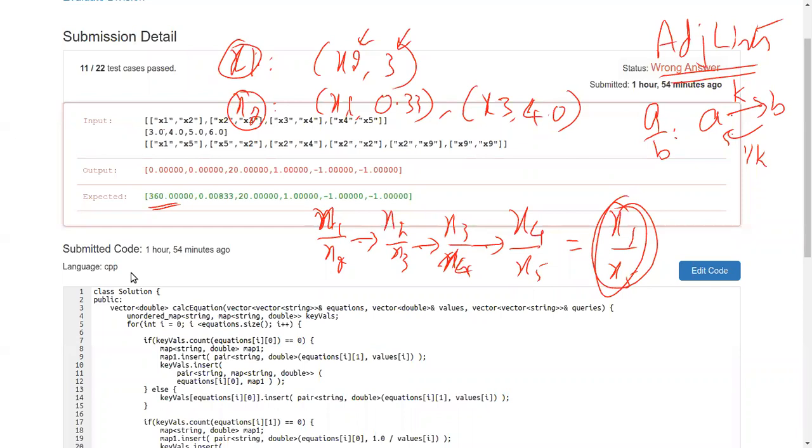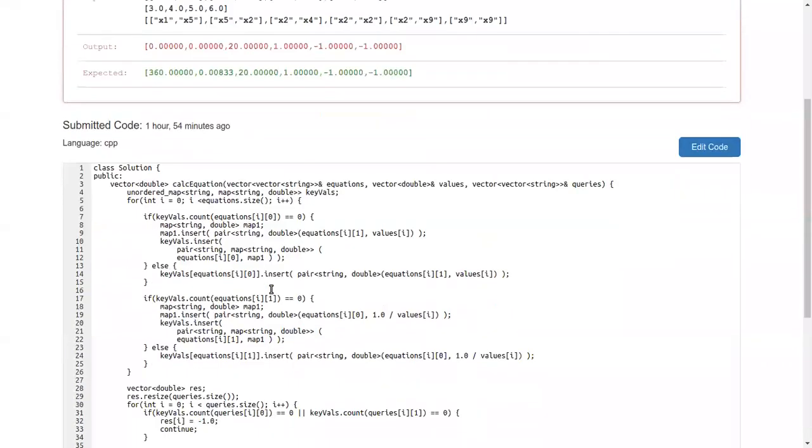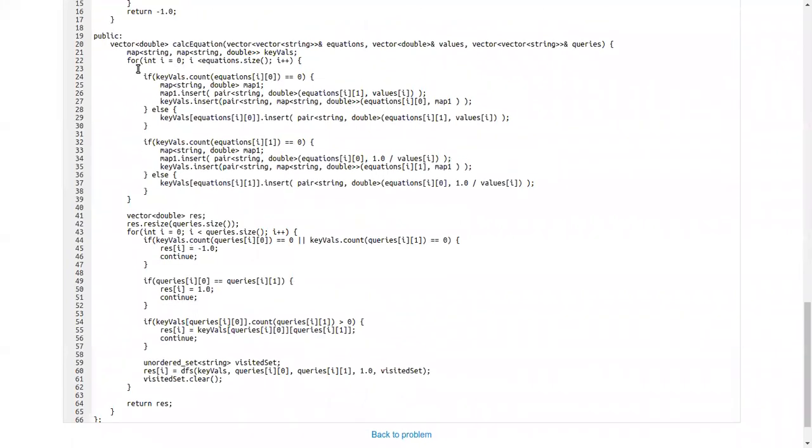So this is where I need to apply the paths, and it's not really hard if you think it through, because I already have the graph representation, and I just have to figure out some kind of traversal in a graph. If there is a path, I just have to multiply those edge costs, which is not too hard. So I made some minimal changes to this code. This part hasn't changed at all. I still have a map, which you can look at as a graph with the adjacency list representation.